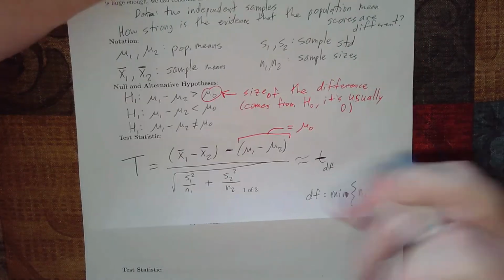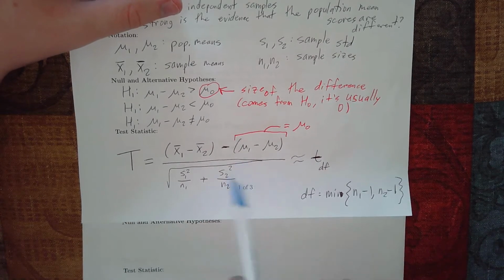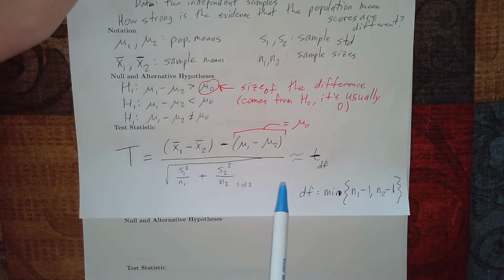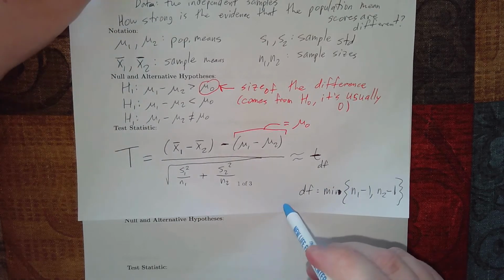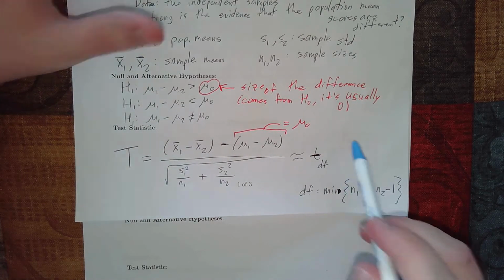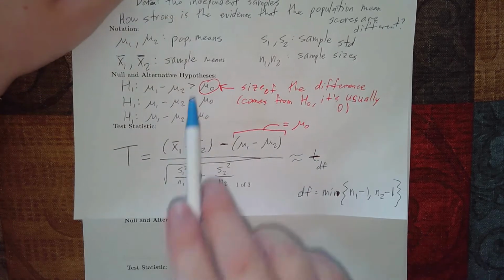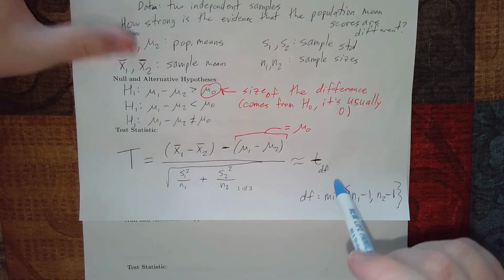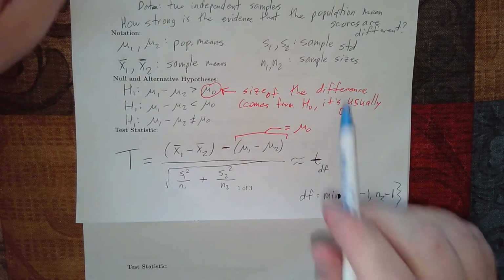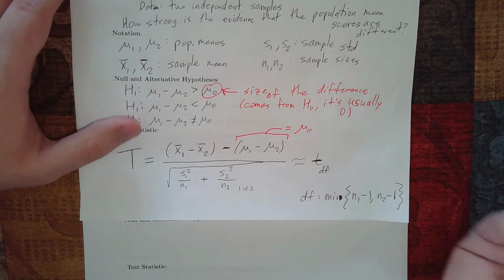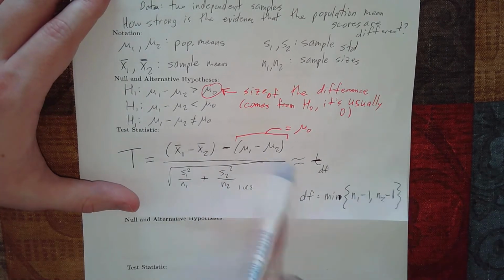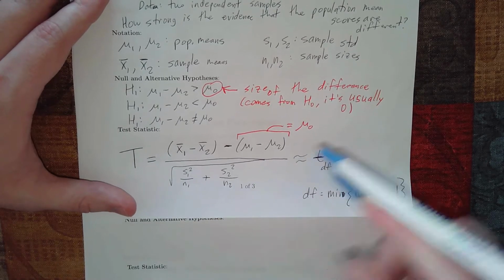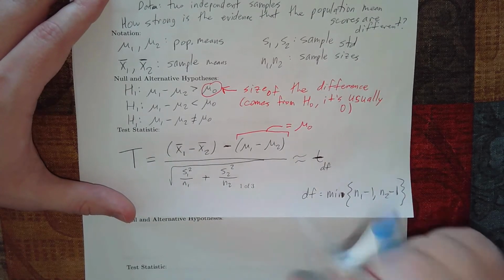But recognize that for hypothesis testing, what we're doing is we're calculating a test statistic, and then we'll either go ahead and calculate a critical value to compare that test statistic to, or use the test statistic and whether or not it's left tail or right tail, we use that for critical value as well, to find a p-value. So the only thing that really is changing from when we did one sample is how we calculate this test statistic. So for two means that come from independent samples, this is how we're going to calculate that test statistic.